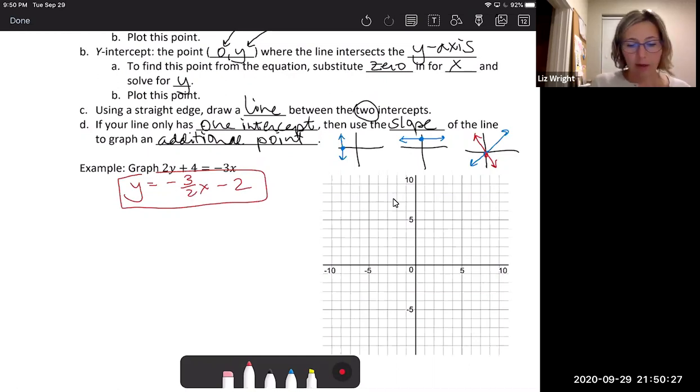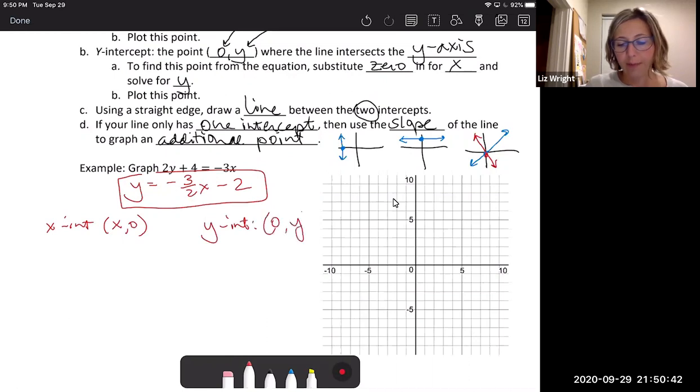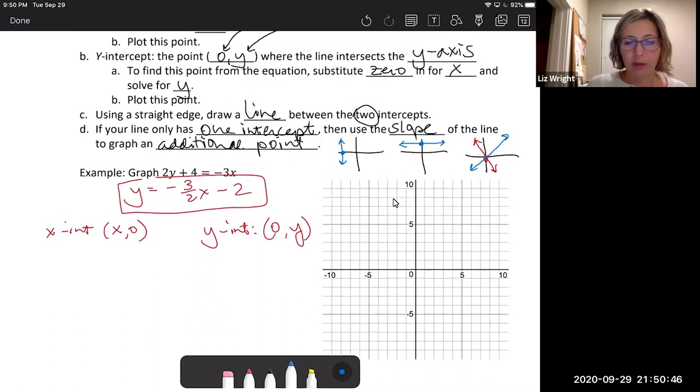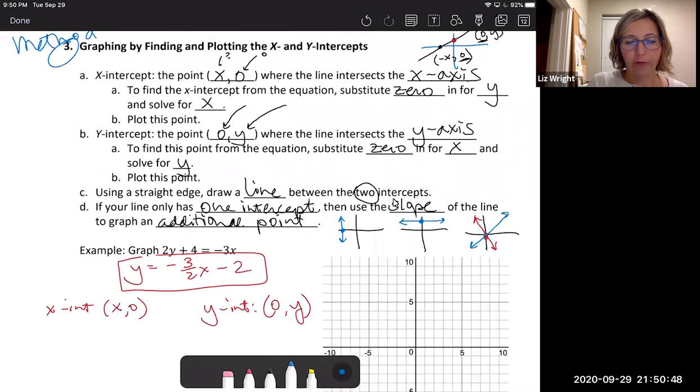And here I go. I'm going to do the x-intercept first. And I want you to write out what is the general format for the x-intercept. It's going to be x comma 0. And then our y-intercept is going to be 0 comma y. And so we're going to write that out, and then we're going to follow the process. Looking at what we're supposed to do, for our x-intercept, it says to find it, substitute 0 in for y and solve for x.